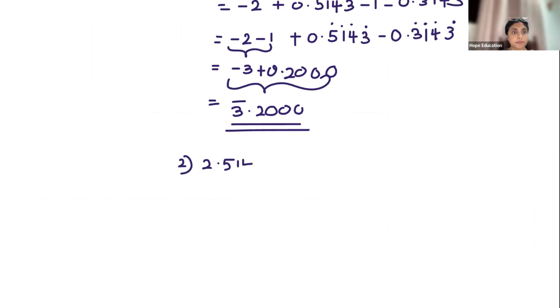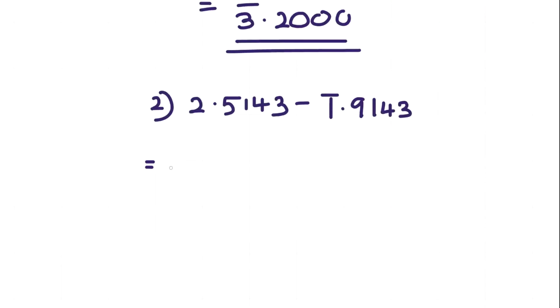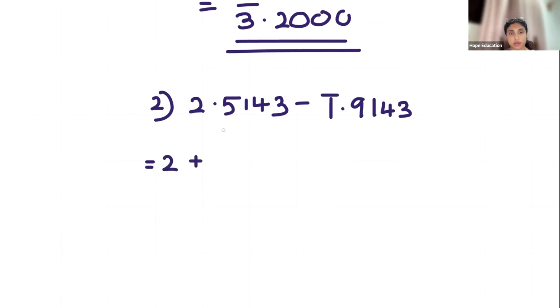2.5143 minus bar 1.9143. Okay. We do it the usual way. I write the characteristic and mantissa of 2.5143 separately. In 2.5143, you can see the characteristic is plus 2, so I write plus 2. Mantissa is 0.5143.